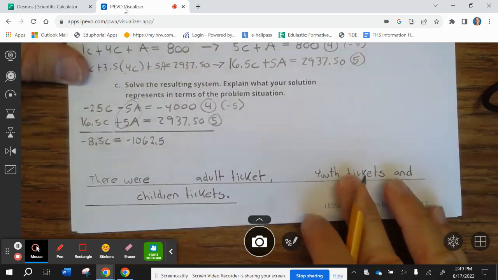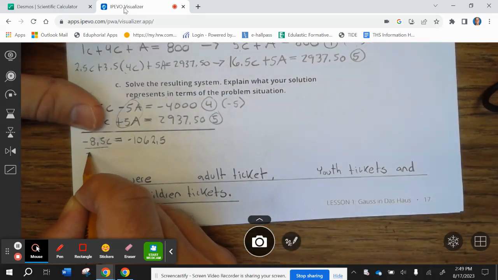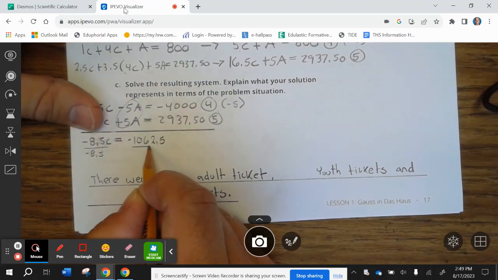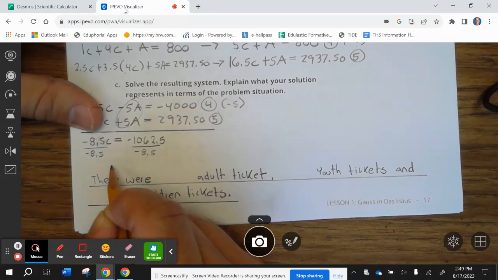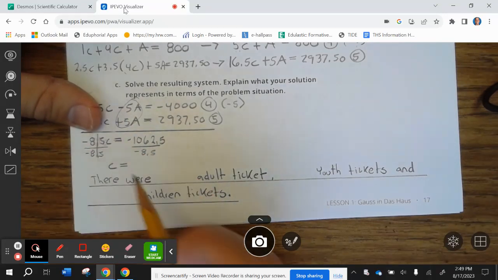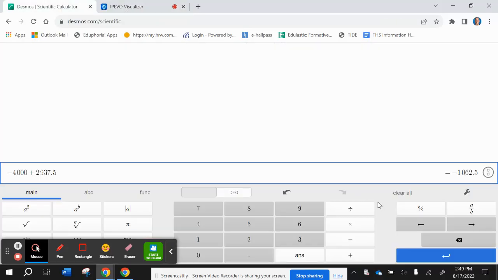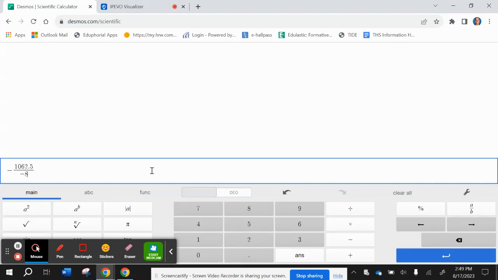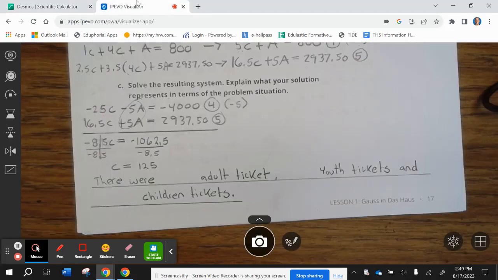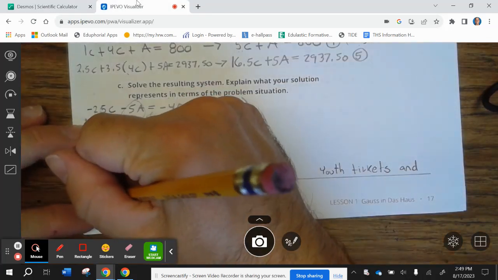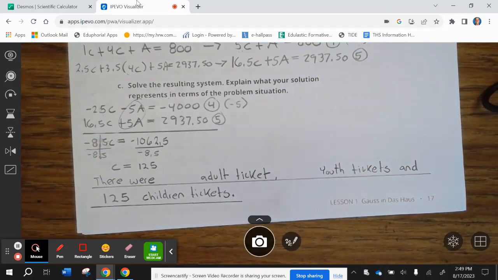Okay, now we're going to divide both sides by negative 8.5. So C equals 125. Okay, so the children's tickets were 125 total.